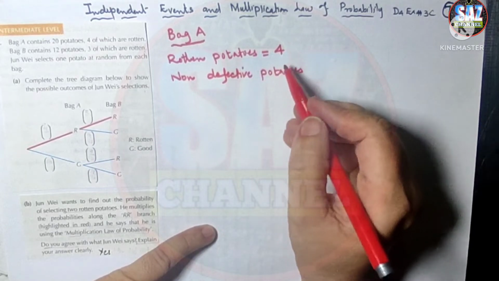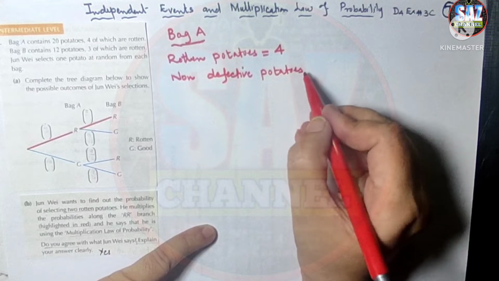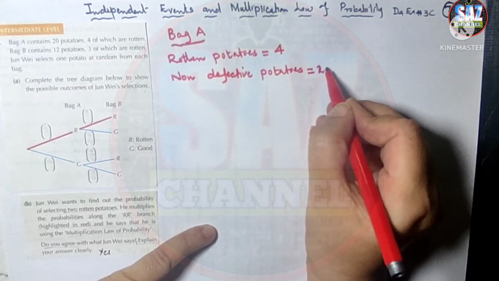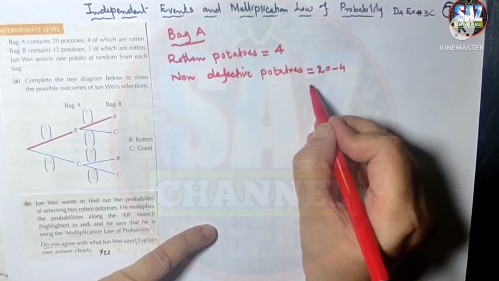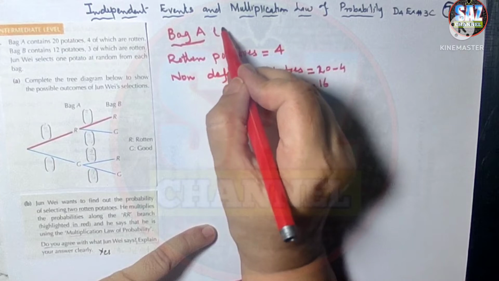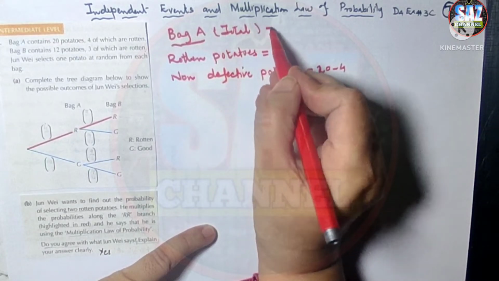As there are a total of 20, it means that 16 will be non-defective. 20 minus 4 which is equal to 16, and the total, let me write here, which is already given in the question, is 20.